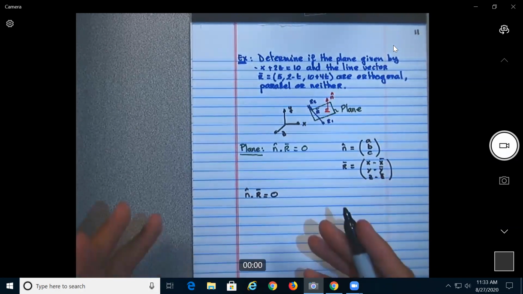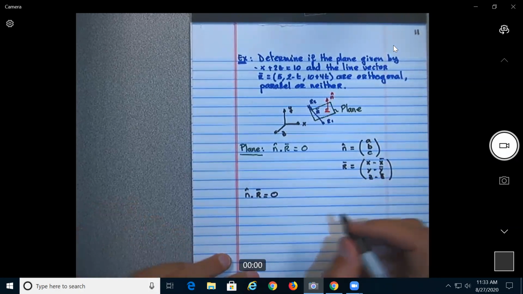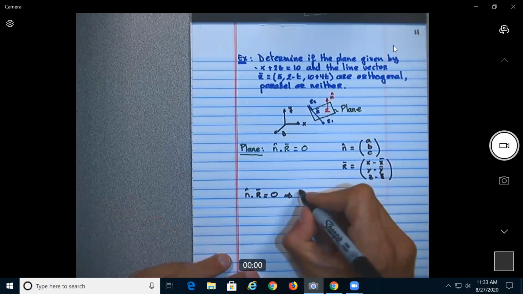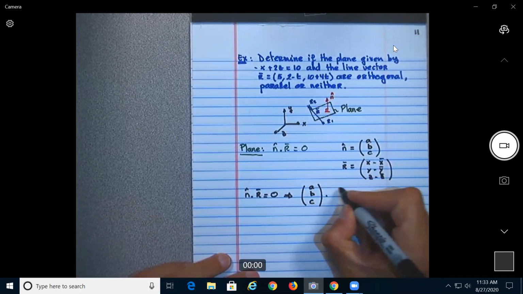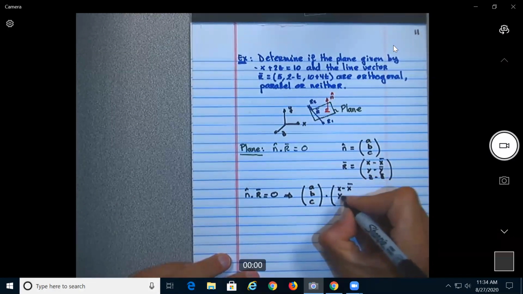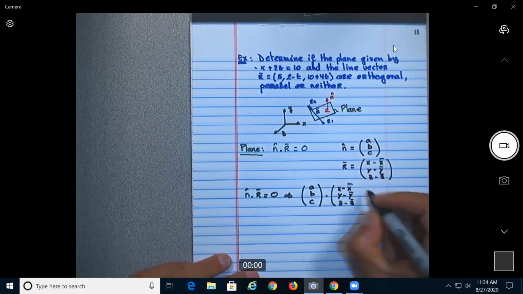Basically, what we're just doing here is to write down the most general form of the equation of the plane. So we're going to have (a, b, c) dot (x - x bar, y - y bar, z - z bar).